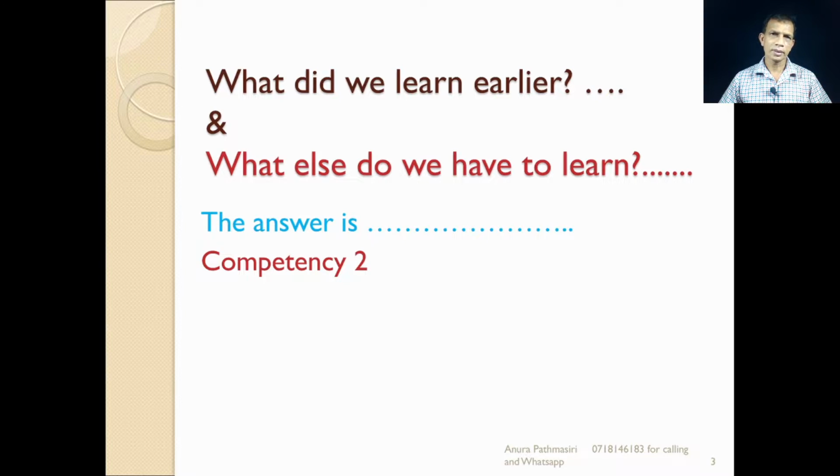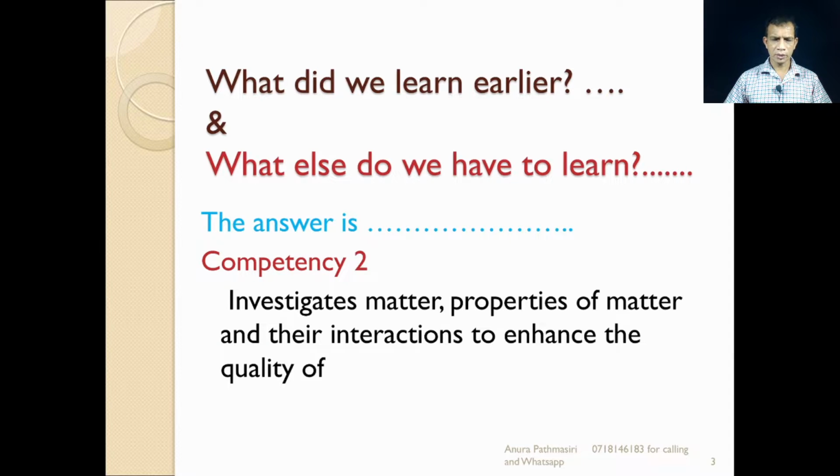In science, there are 3 competencies, I believe. And this is competency 2 for you to learn chemistry. Competency 2 is to investigate matter, properties of matter and their interactions to enhance the quality of life. Again, investigate matter, properties of matter and their interactions to enhance the quality of life.